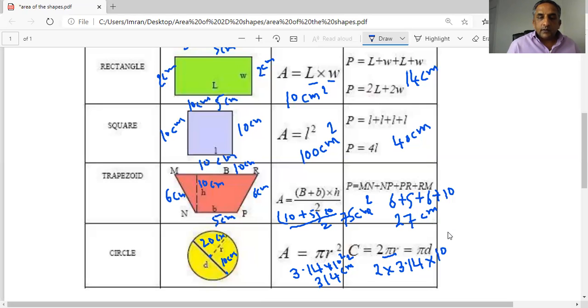So 10 times 2 times 3.14. When we work them out, because these types of questions come in the calculator paper, I'm just going to do it. 3.14 times 10 times 2 is equal to 62.8 centimeters. So this will be the circumference.